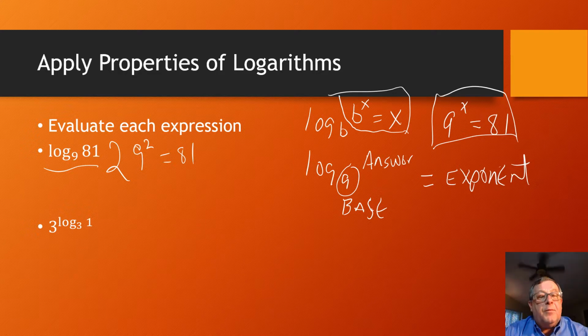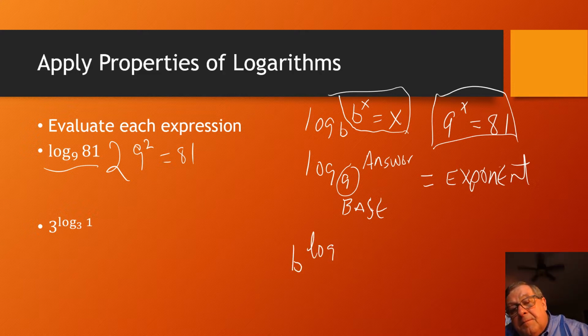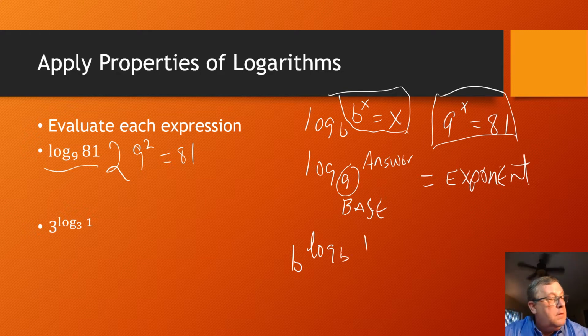Now the second example here, 3 raised to the power of log base 3 of 1. What does this evaluate to? And this brings in another log property. And that would be if I got a base raised to the power of the log of that same base, of 1, well, that just equals, or let's just say x.